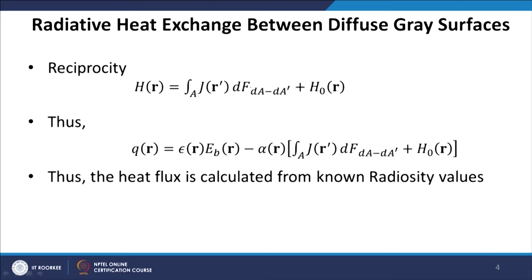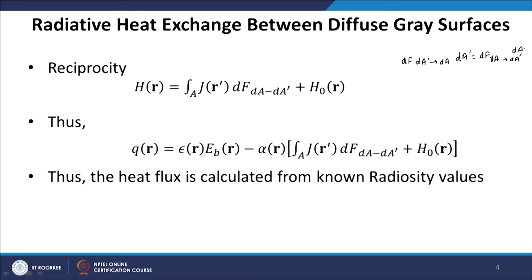Before we do that, we simplify as we did in the case of black body enclosure. We write dF from dA prime to dA times dA prime as simply equal to dF from dA to dA prime times dA, using the reciprocity theorem.